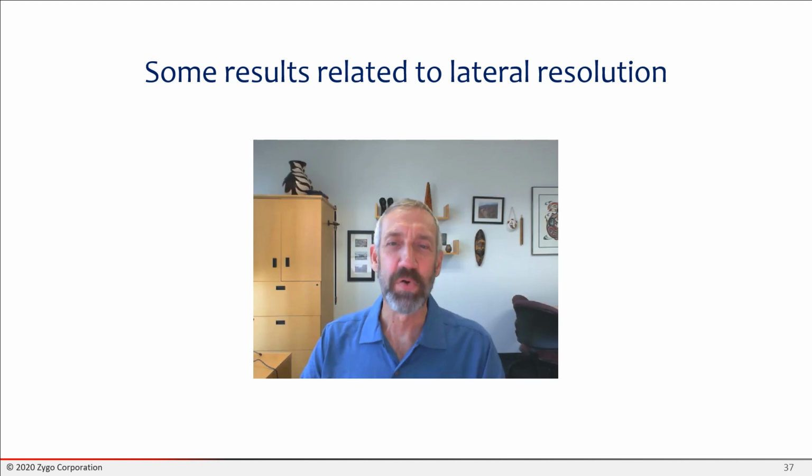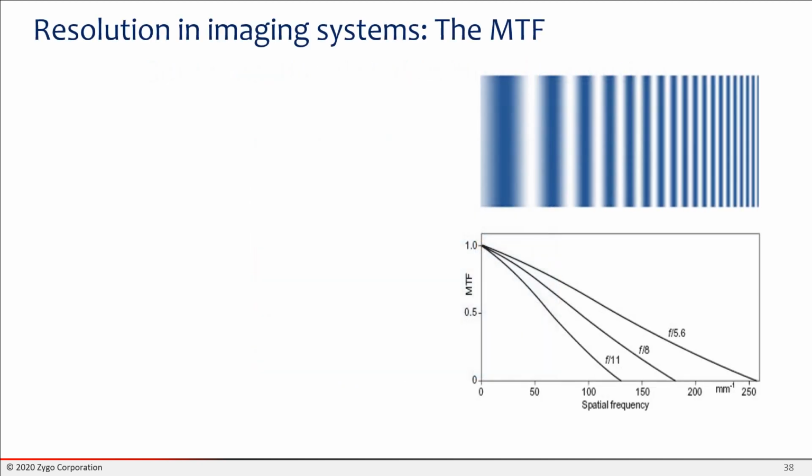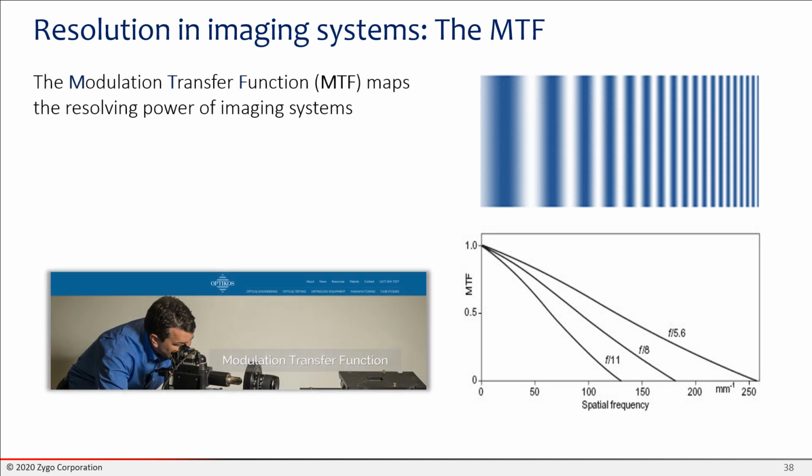Now that we have this approach in our toolbox, let's take a look at some results related to lateral resolution. For imaging systems, the modulation transfer function tells us how well the system can respond to closely spaced features, particularly these sinusoidal patterns. As the sinusoidal pattern gets to be higher and higher frequency, generally the response of the instrument will decline.